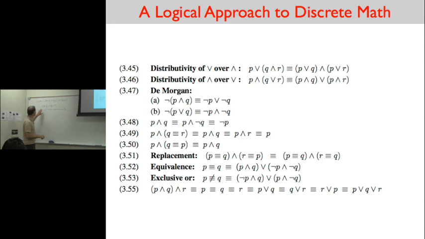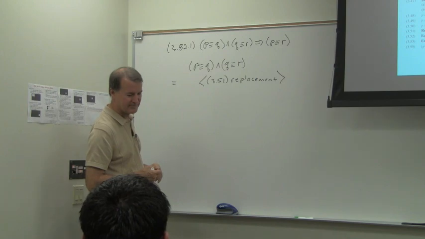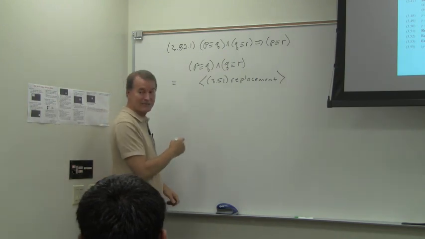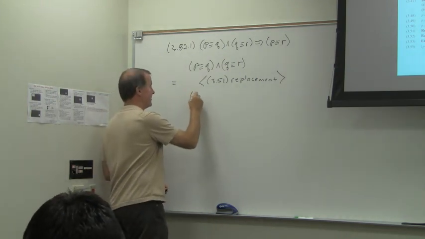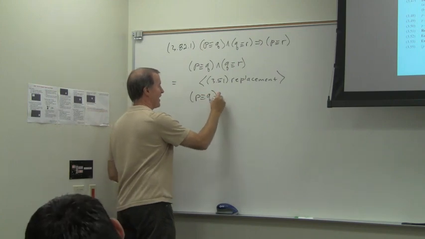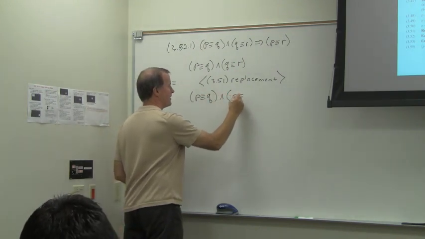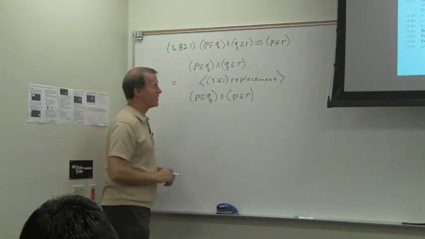So how would this be? Using 3.51 replacement, what would this be? P equals Q and what? P equals R. Yeah, very good. So that would be P equals Q and P equals R. Now what are we trying to get this to do?